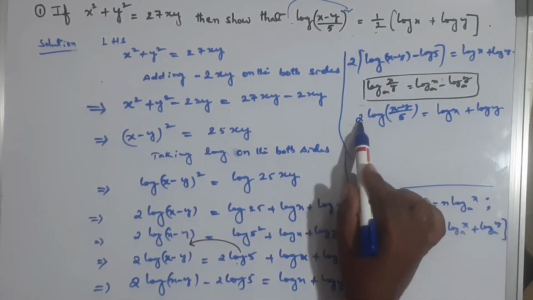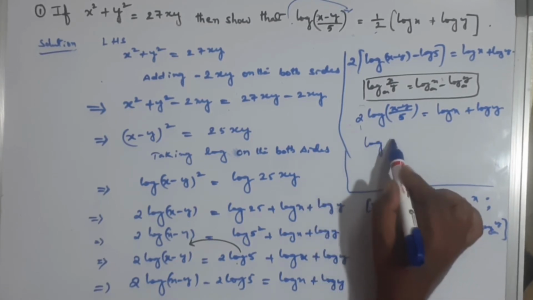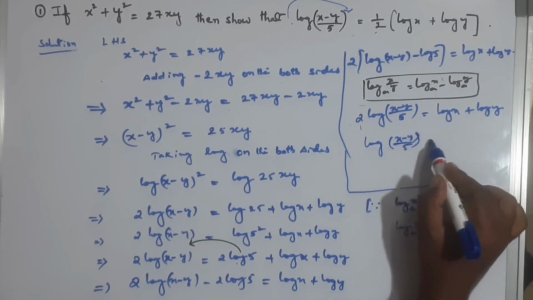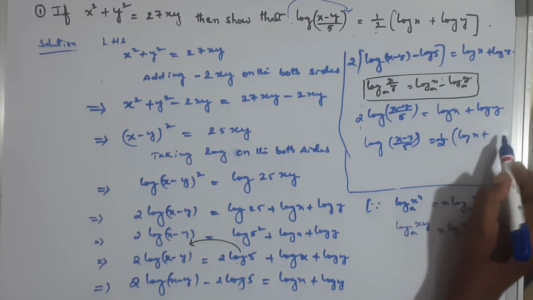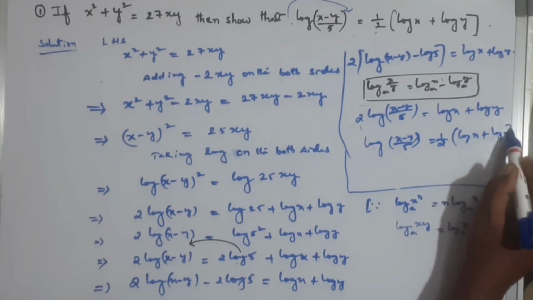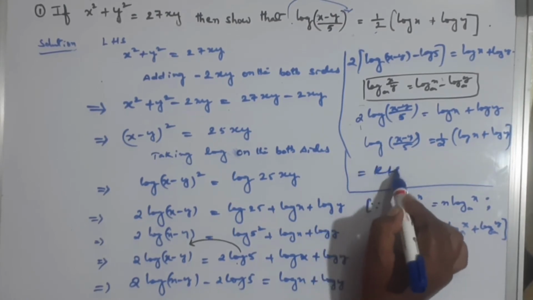Furthermore, if I transfer to this side, log of (x minus y) by 5 equals 1 by 2 of log x plus log y, which equals RHS.